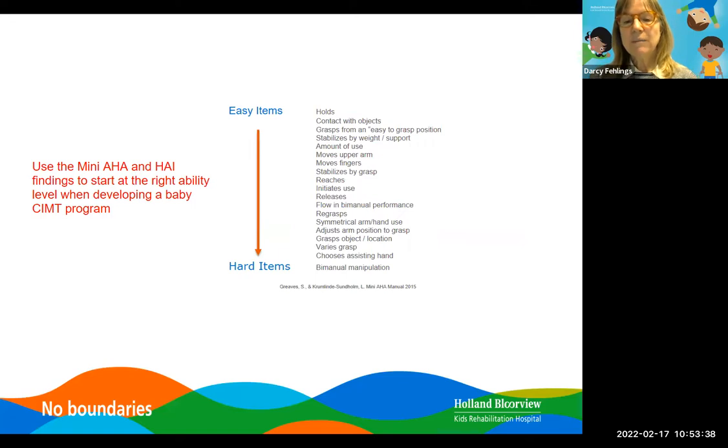Now, we recommend that a detailed hand assessment be done at baseline, because what you want the parent to be supported to do in playing with the child is to play at the just right activity level. And so doing something like the Mini-AHA or the Infant Hand Assessment, you're able to see where the child is at. So these tools are hierarchical.